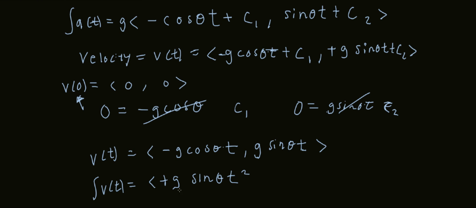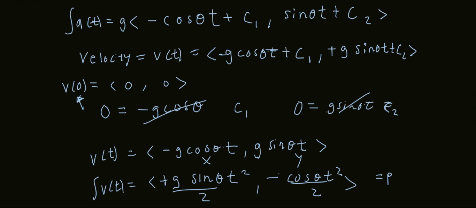And then t squared over 2. And when we integrate sine, we get negative cosine theta t squared over 2. Okay, so now we have the position, perfect.